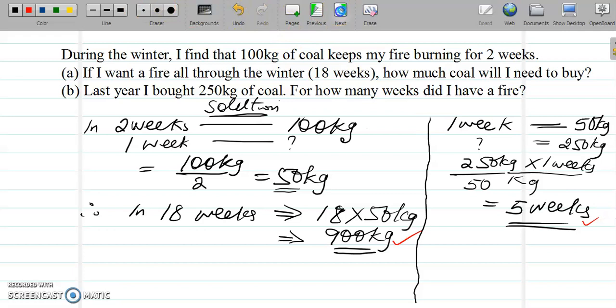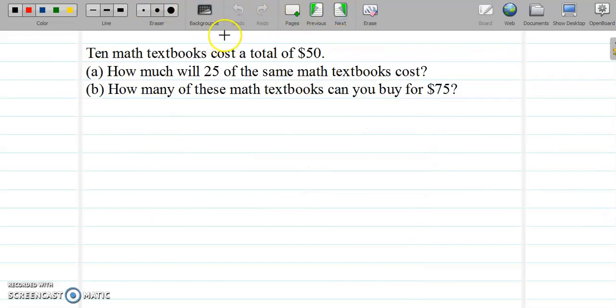Okay, let's look at one more example before we go. Now this says that 10 math textbooks cost a total of $50. How much will 25 of the same math textbooks cost?